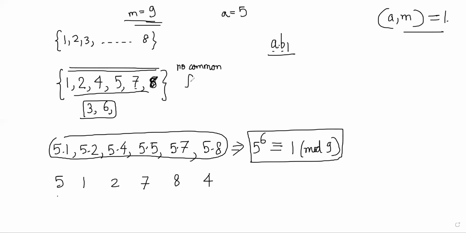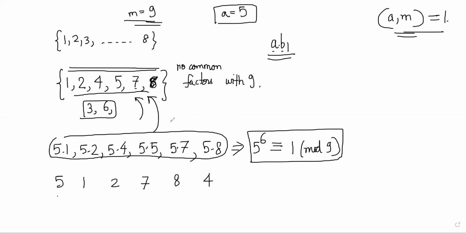And A is also having no common factors with 9. So when you multiply two numbers which have no common factors with 9, you should end up having another number which is part of the same set. If both have no common factor, then the product still has no common factor, so it will always be a part of the same set. Clear? Yeah, okay.